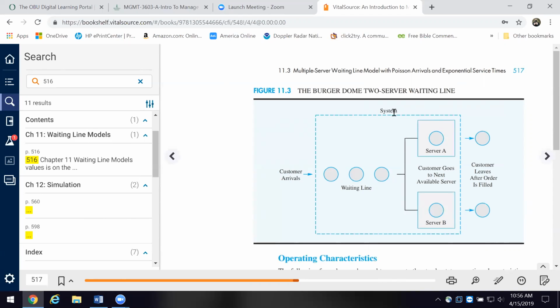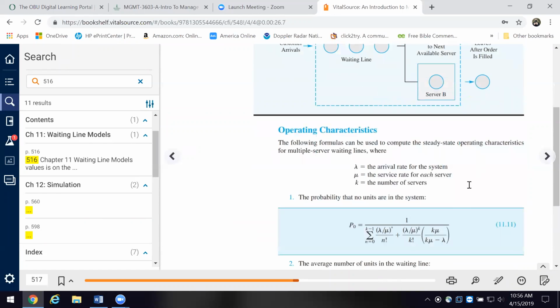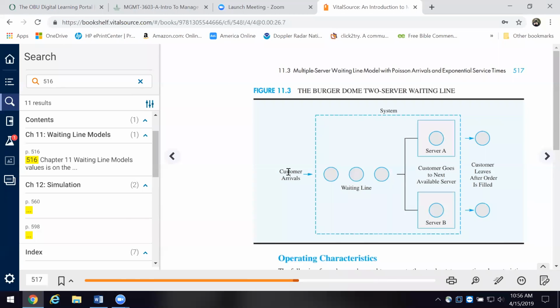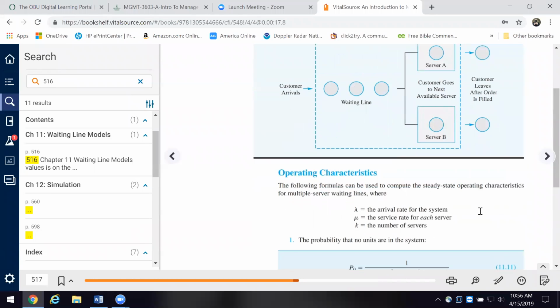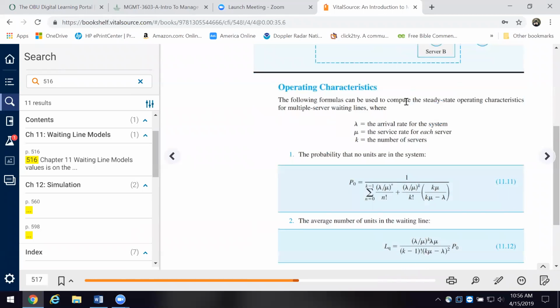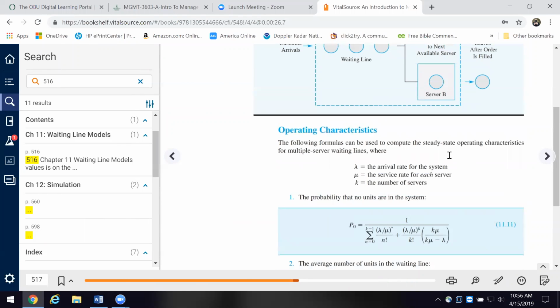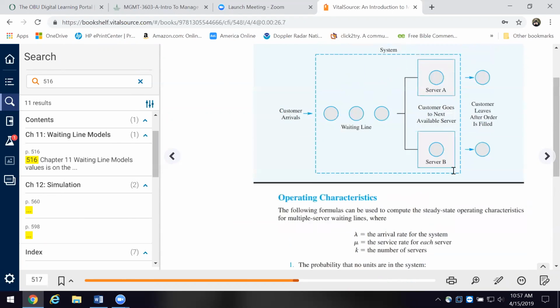And then in the system, we do have some control over how fast or how slowly we service somebody. And so they take us down to the operating characteristics, and we look at the arrival rate for the system. This is going to be the folks up here, okay? And then the service rate for each server, and then the number of servers.